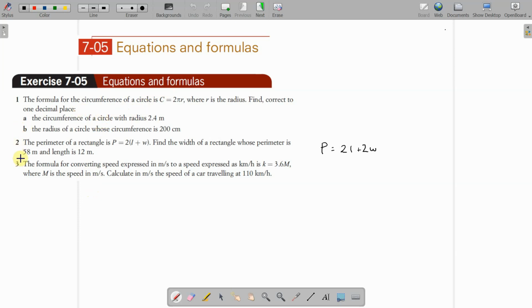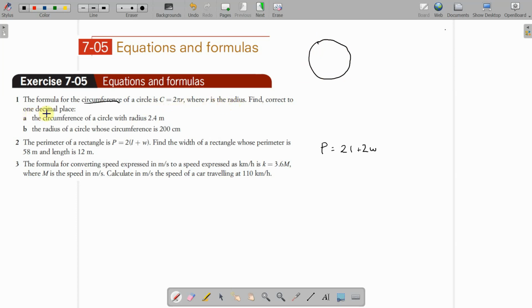The first one is about circles. Circumference of a circle, that's around the outside. The formula is C for circumference equals 2 pi r, r being the radius.